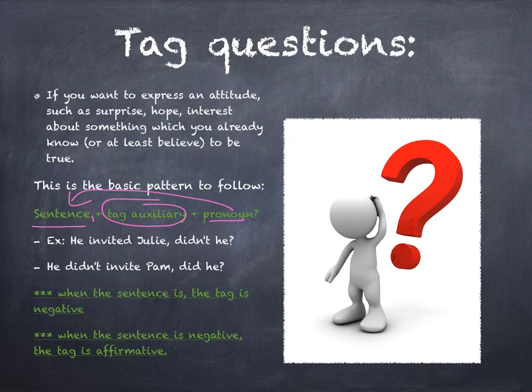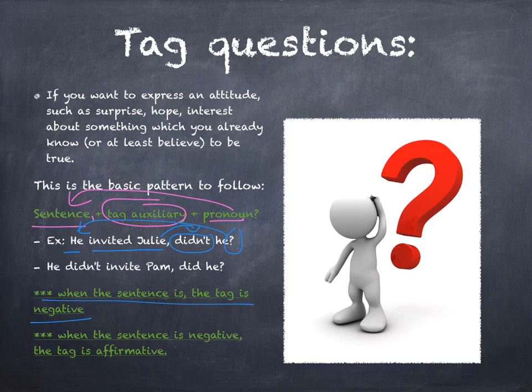So if in the sentence you used a subject, you will have to change it for the pronoun in the end. Example, if I say he invited Julie, so this is an affirmative sentence, that's why the tag is negative, as mentioned here. And then I used the same pronoun in the end and my question word.